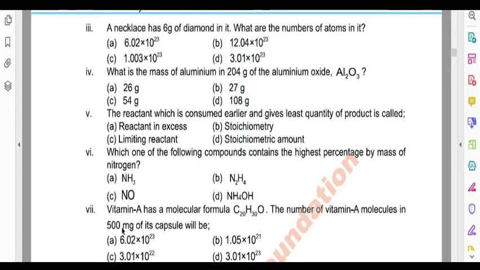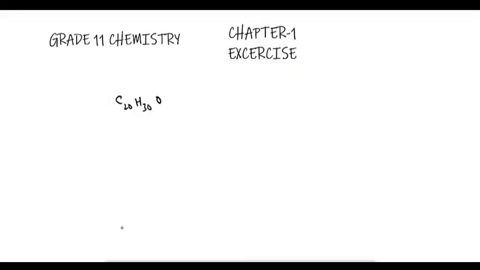Let's calculate again. So we have 20 carbons, so one carbon is 12, and 12 into 20 is equal to 240. We have 30 for the hydrogens and 16 for oxygens, so a total is 286, and we have 500 milligrams.